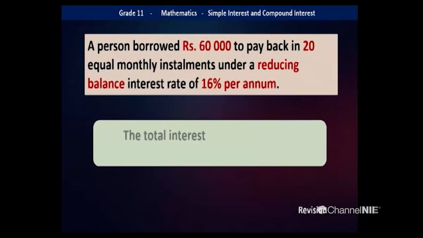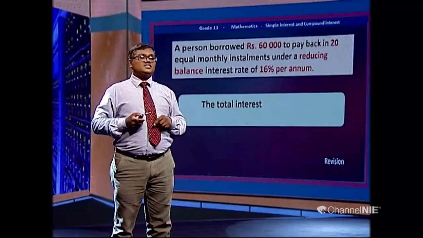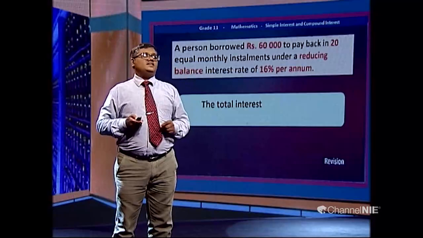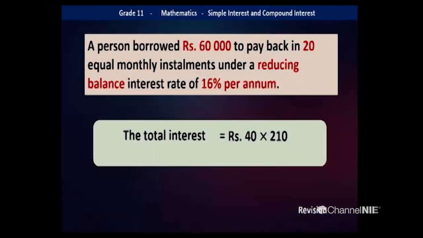Then we can calculate the total interest. In this question, we don't want to go for the total value of a monthly installment. We have to stop at the total interest, because the combination is given from the total interest. The total interest is 40, which means the interest for a monthly unit, multiplied by 210.